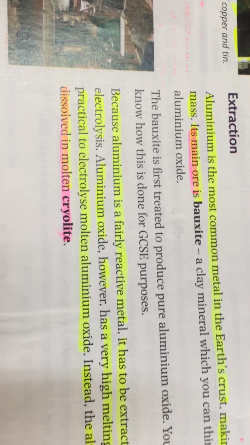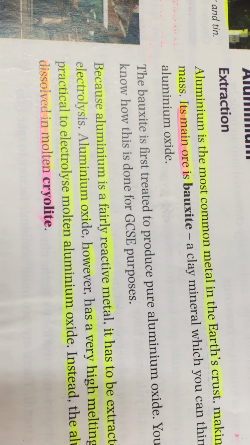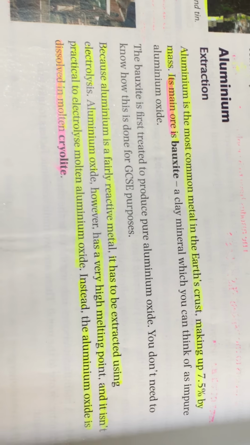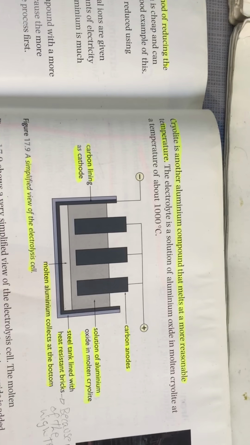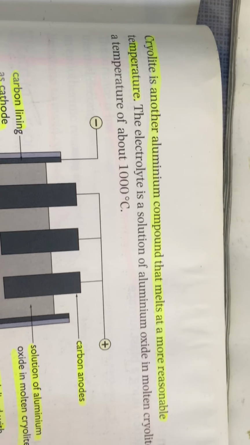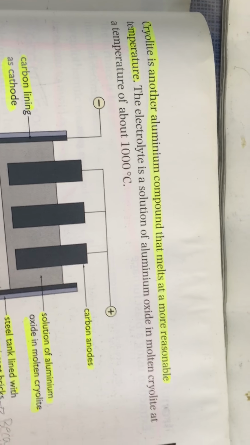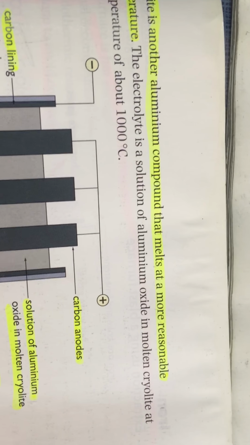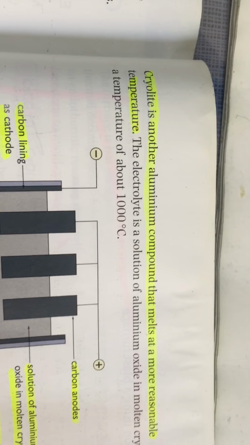We use electrolysis. This is the electrolysis cell. As you see up, cryolite is another aluminium compound that melts at a more reasonable temperature.